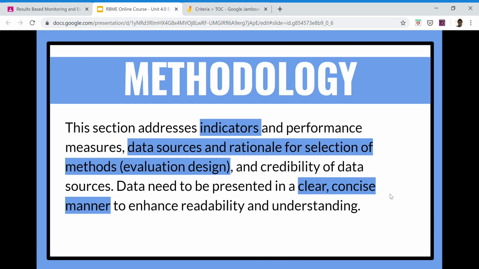This was what we did in Unit 2 of this week, which looks at the indicators. It's important you discuss the evaluation design and the rationale behind it. If you're using an ex post facto design, what are the reasons why you're using it?